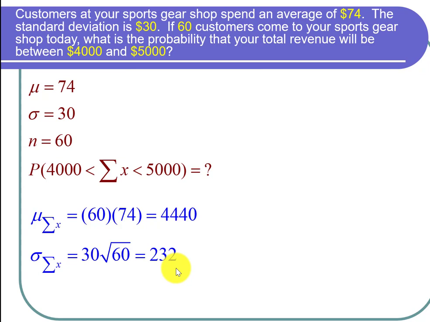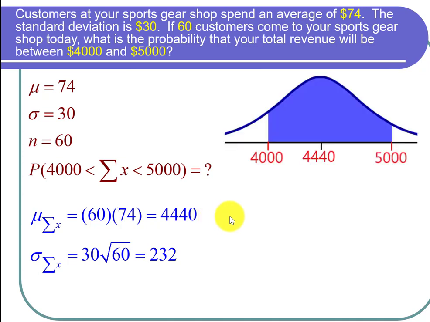So next, we continue using the central limit theorem and realize that n is 60. That's large enough that it says the distribution is approximately normal. So we can draw a picture of that. Here's my normal distribution. And the mean of that normal distribution is 4,440.